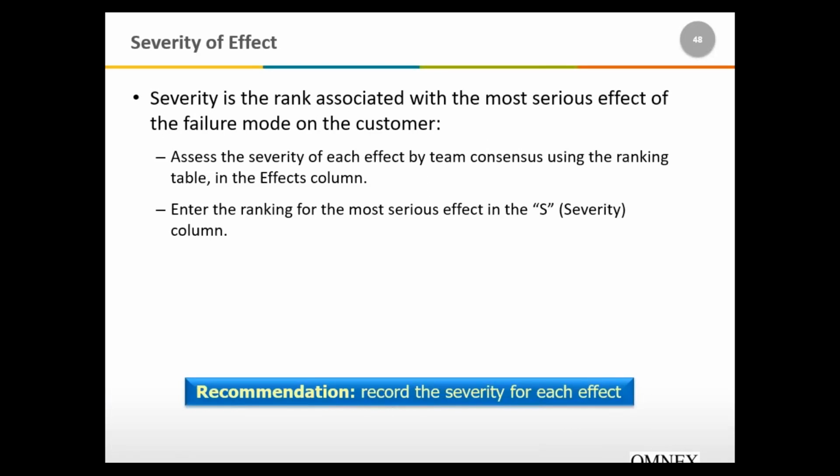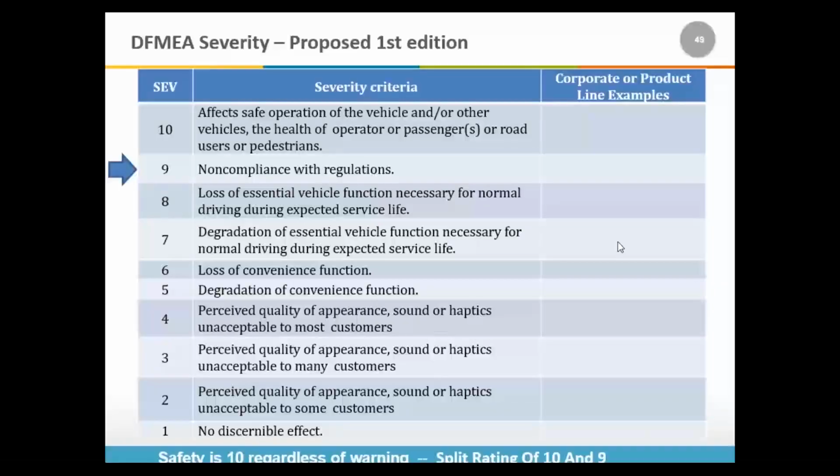This is the new proposed table. The biggest change on this is that 9 and 10 are split. 10 is uniquely safety. It doesn't have with and without warning.